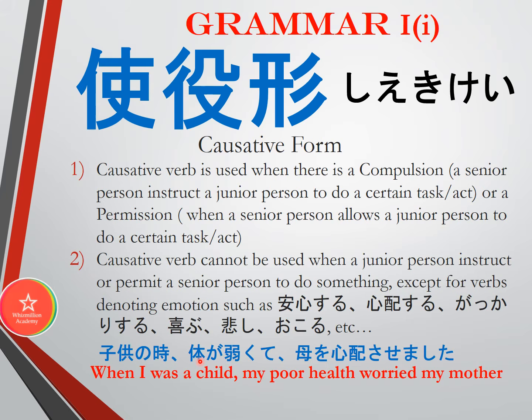We can use this causative verb form. So this is one example where a junior person lets a senior person do something, and we can still use the causative verb form because the verb here denotes emotion, which is shinpai suru.